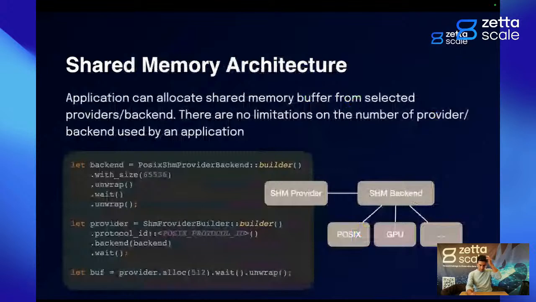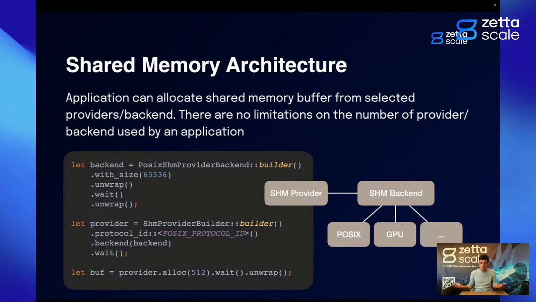Okay, so let's look now at the high-level architecture of the Zenoh shared memory subsystem. As we will see in the coding lab, what you will do now is pick and decide which backend you want to use. It might be a backend that we provide as a built-in backend, or a backend that you have built.